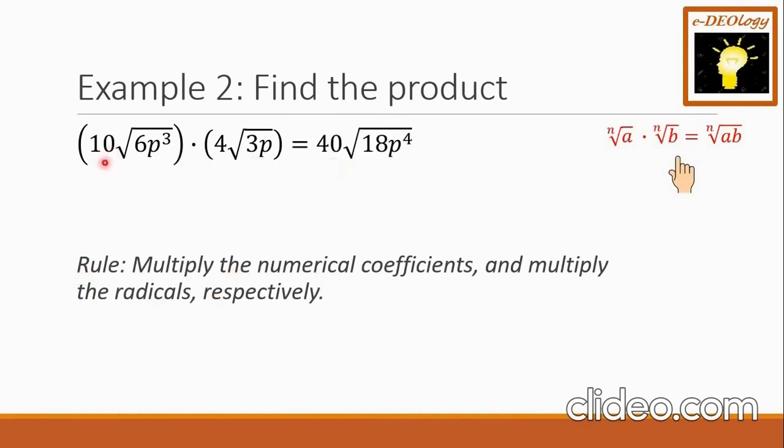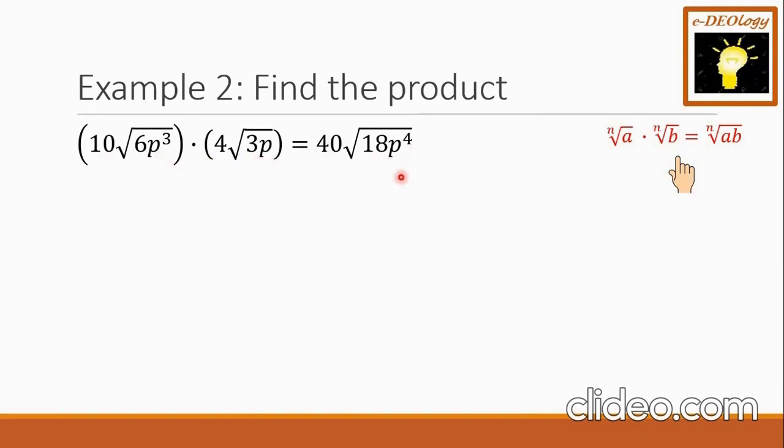So in here I multiply the 10 and the 4, and that is 40. And for the radicals, I must check first if the indexes are the same. So both are square roots, so we have the same index of 2. So we are to multiply now the radicands. So the 6 is multiplied by the 3, becomes 18. The p cubed times the p equals p raised to 4.